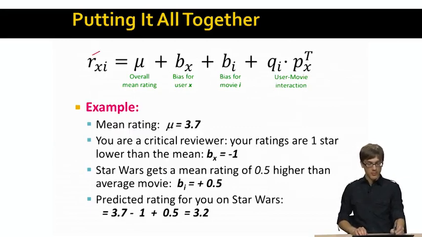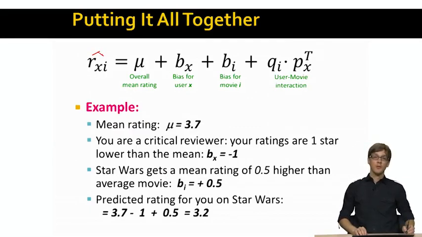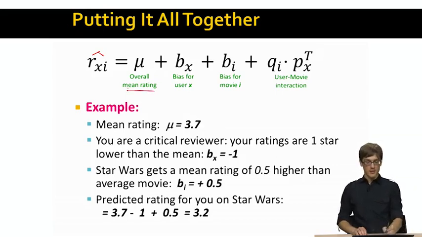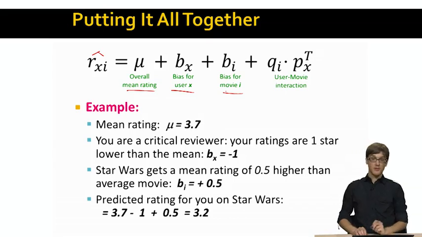Our predicted rating for user X and movie I is the overall mean rating, plus the bias for user X, plus the bias for movie I, plus the user-movie interaction. So the way we would reason about the recommendation is: the mean rating is 3.7, you are a critical viewer, so your BX is -1.